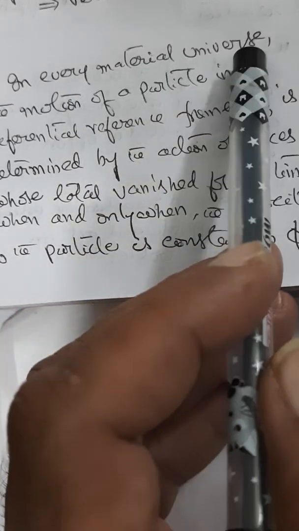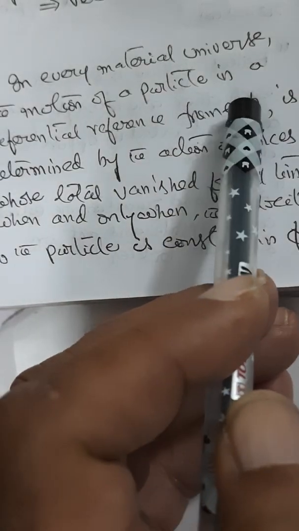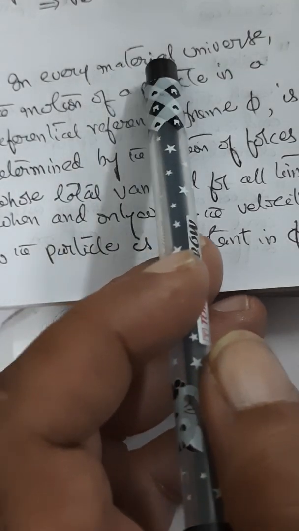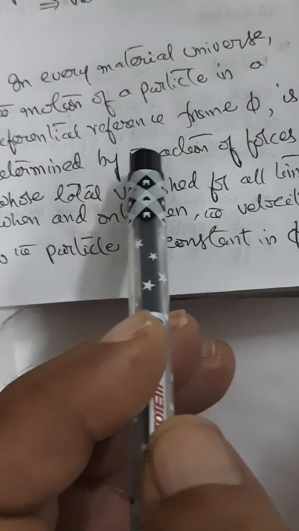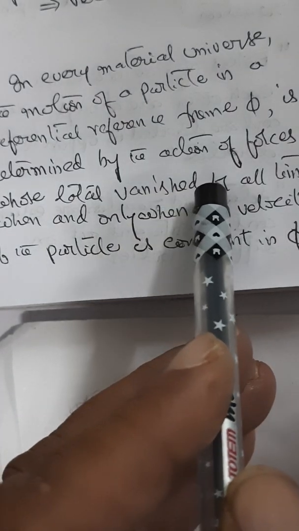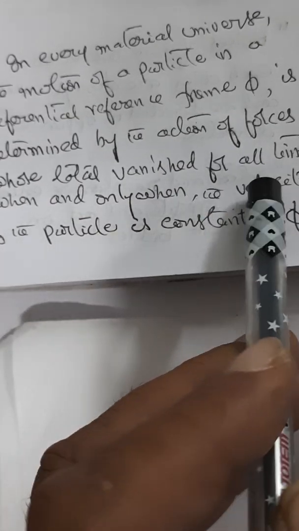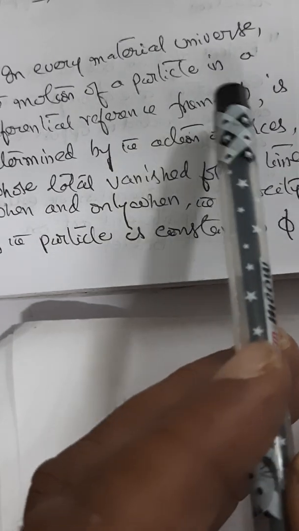In every material universe, the motion of a particle in a preferential frame of reference phi, let us say phi is one frame of reference, is determined by the action of forces whose total vanishes for all times when and only when the velocity of the particle remains constant in that frame. Here, phi is nothing but one frame of reference.